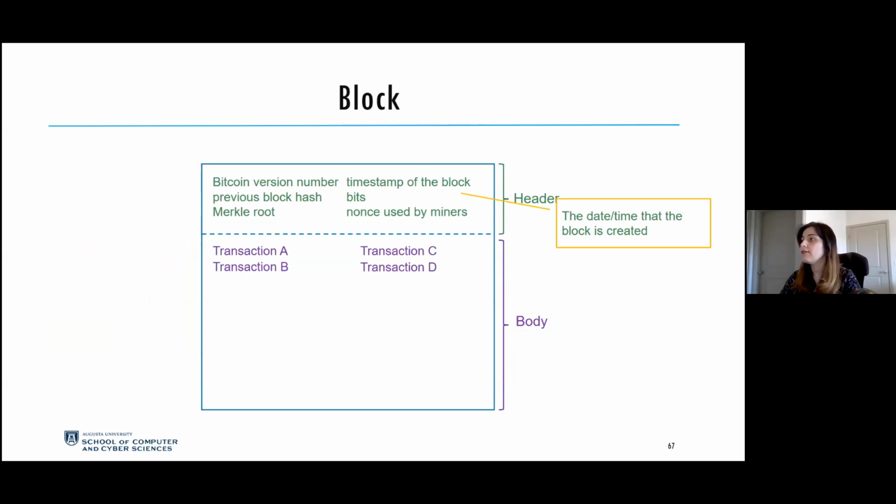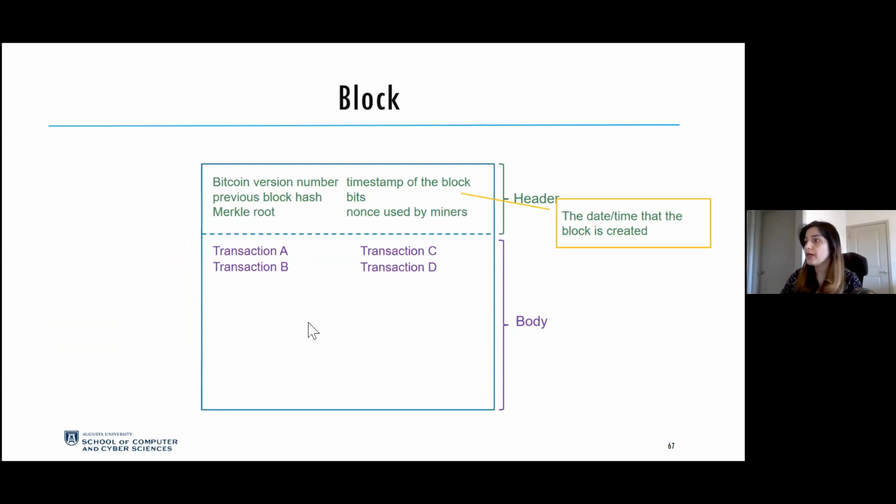We also have the timestamp of the block. That means when this block was created, and this is also important, especially for the forks that are created, which indicates the order of the blocks that are being created and added. This is also important to prevent changing the places of the blocks, in addition to other primitives that you have.